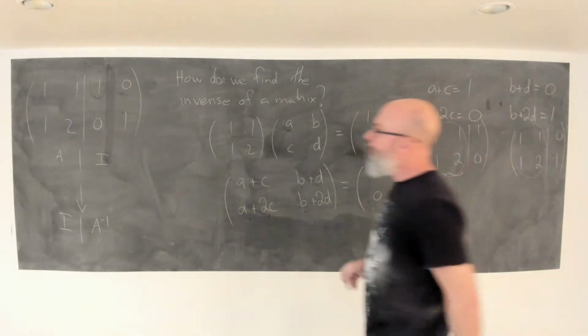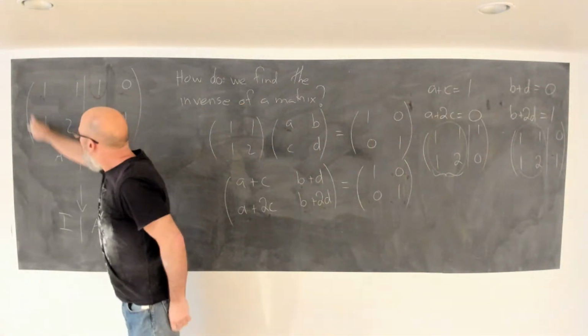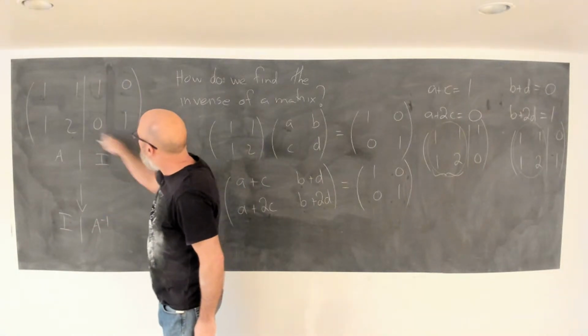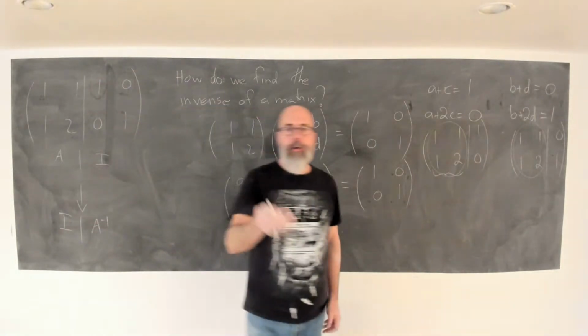If you're able to row reduce your matrix to the identity, then the inverse will be on the right.